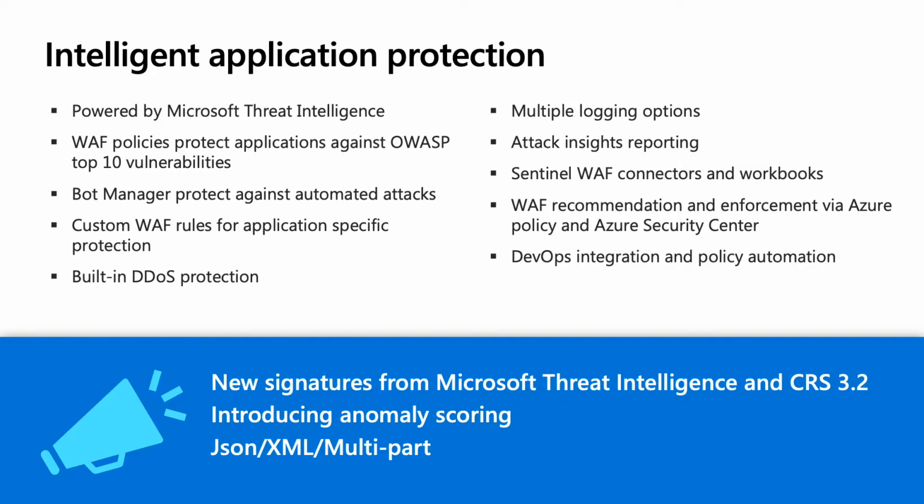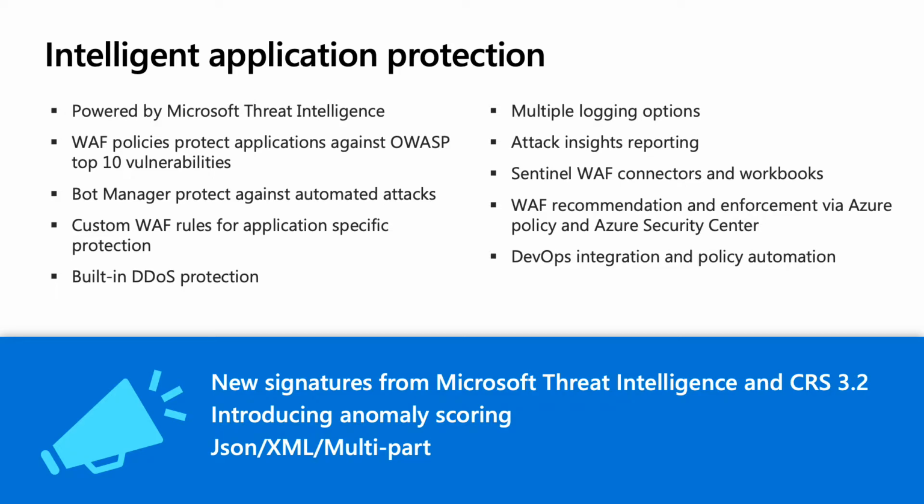We are adding additional signatures from Microsoft Threat Intelligence to increase the coverage as well as reduce false positives for our managed rule sets. We are introducing anomaly scoring as well as additional content type inspection, including JSON, XML and multi-part body inspection.